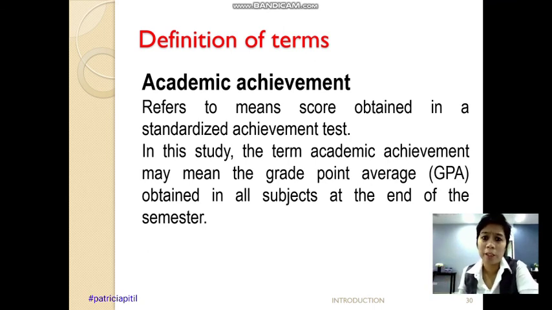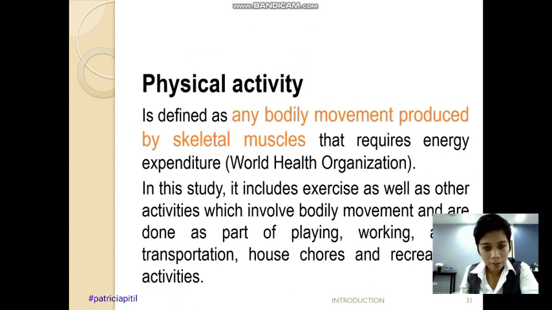Even though academic achievement can be something else. It can be making the dean's list or not, it can be a 3 pointer and above. But in our term, academic achievement here is GPA. Not cumulative, it's the current semester. So another one, the terms, if it is in your study, physical activity.